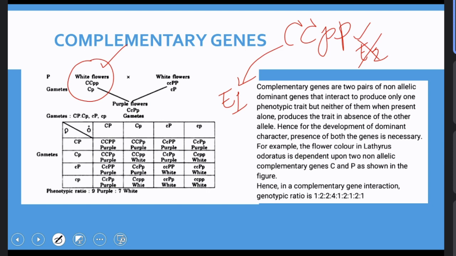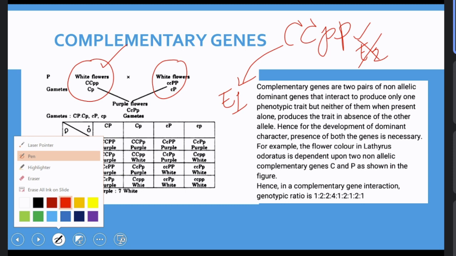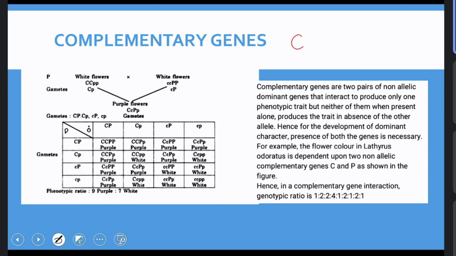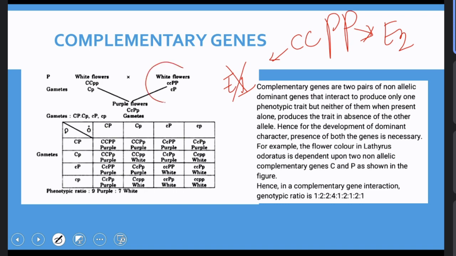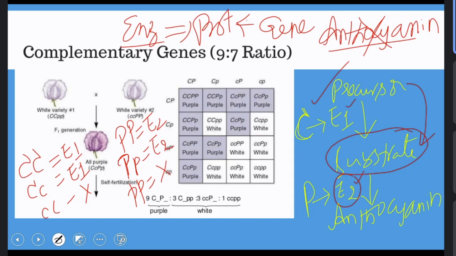Likewise, in the second one, small c and capital P are present. That means capital P can produce enzyme 2, but small c cannot produce enzyme 1. In this plant, reaction 2, from substrate to anthocyanin, can take place because enzyme 2 is present.